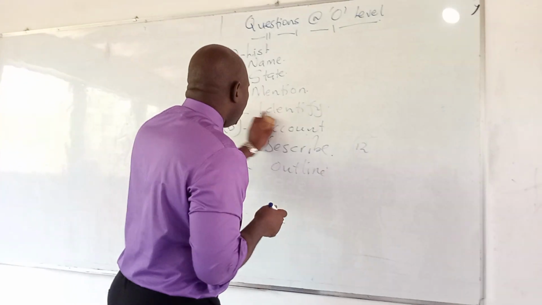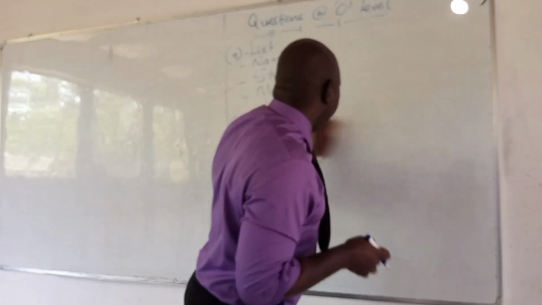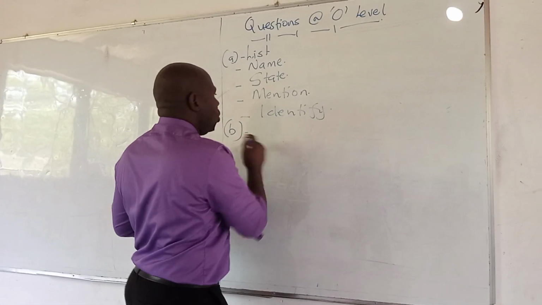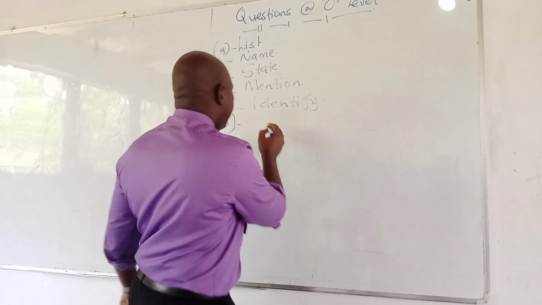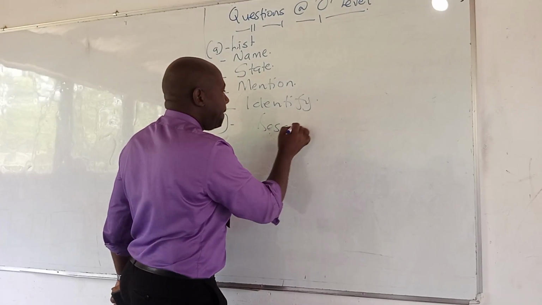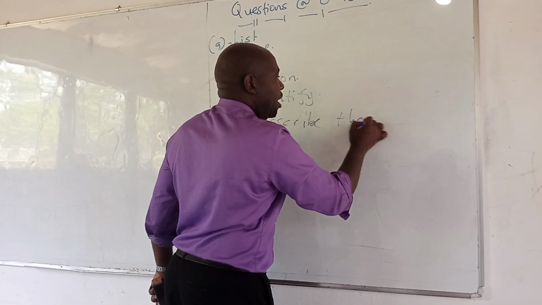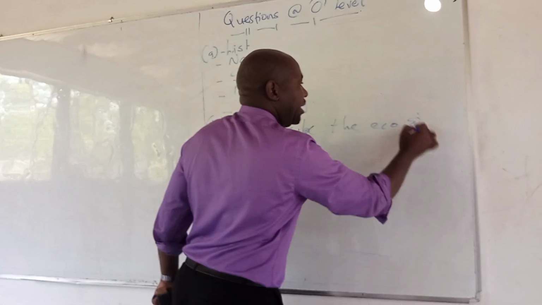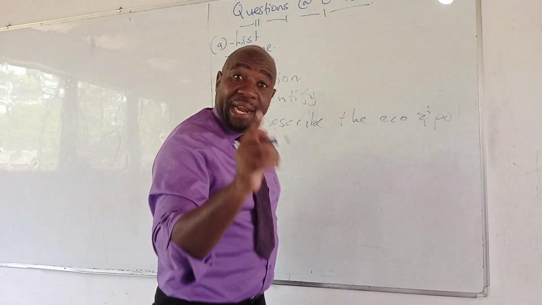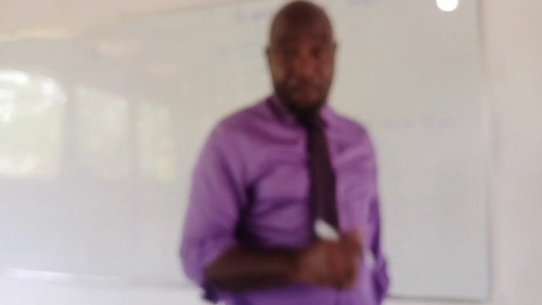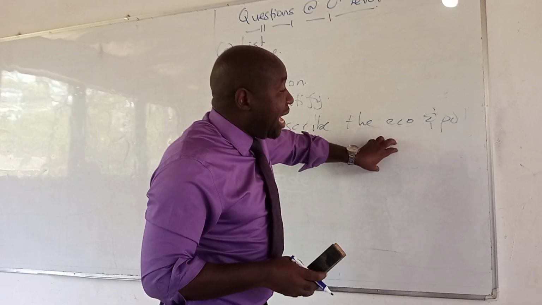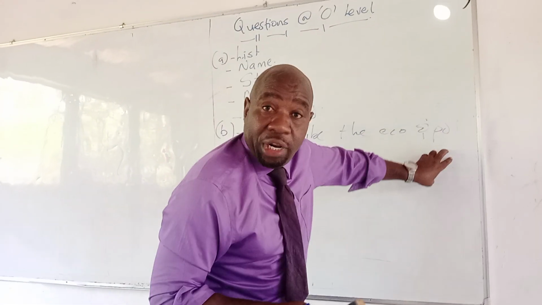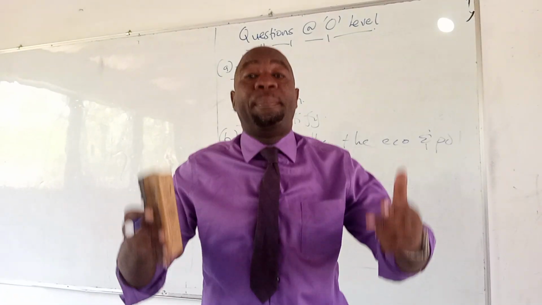Then we also have part B that will be asking you to give two items. For example, describe the economic and political organization of Great Zimbabwe. Or it can say, account for the rise and origins of the Mutapa State.